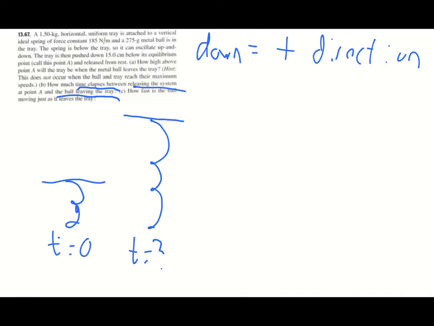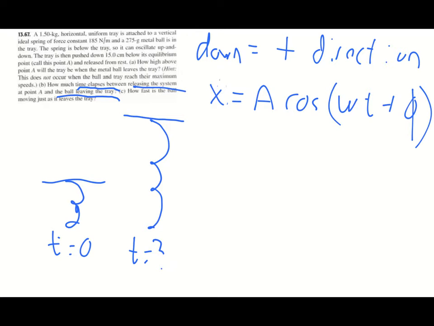Because I want time, I'm going to have to solve x equals a cosine omega t plus phi. Okay, and I'd really like not to have a phi. In fact, I said we should try to avoid it as strenuously as possible.